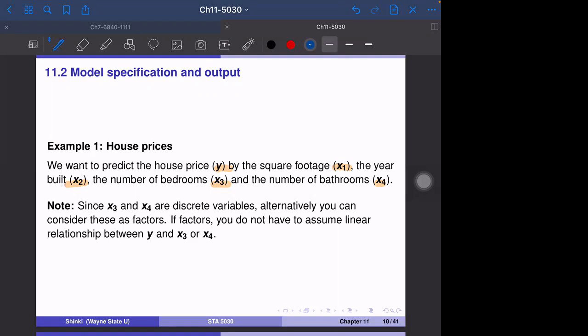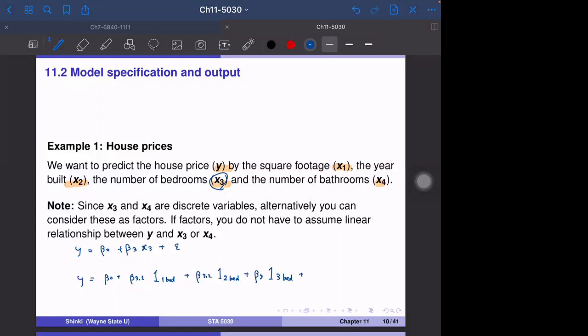Suppose we only have x3, then y is equal to beta naught plus beta 3 x3. This is the usual linear model, but if x3 becomes a factor, we can say beta 3(1) times the indicator variable of 1-bedroom houses, plus beta 3(2) times the indicator variable for 2-bedroom houses, and beta 3(3) times the indicator variable of 3-bedroom houses, and so on.